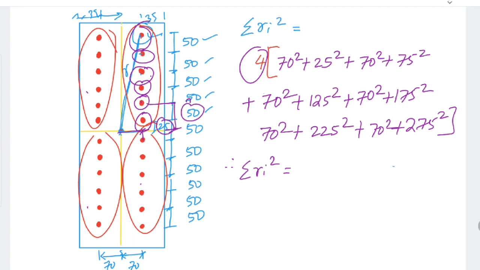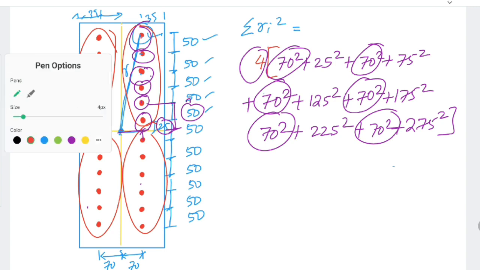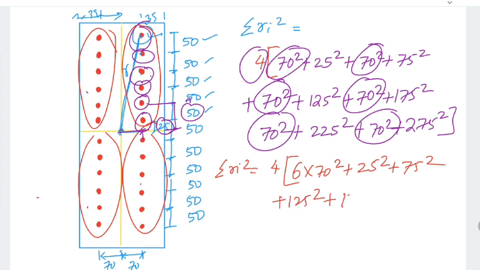Or otherwise, there are 6 terms of 70 square, 1 2 3 4 5 6, so you can directly write in this manner also. Sum of Ri square is equal to 6 into 70 square, plus 25 square plus 75 square plus 125 square plus 175 square plus 225 square plus 275 square.